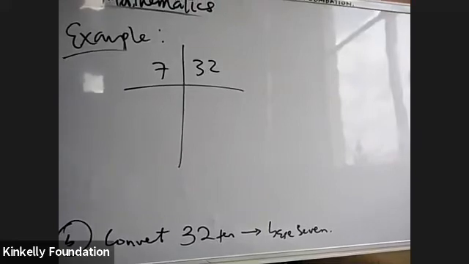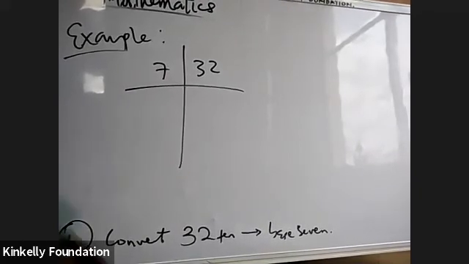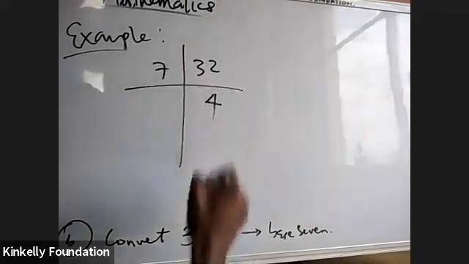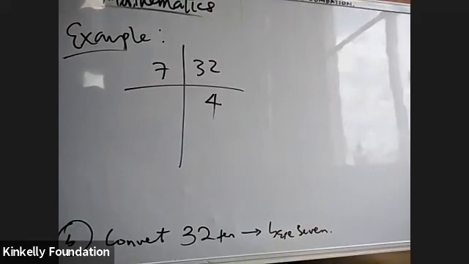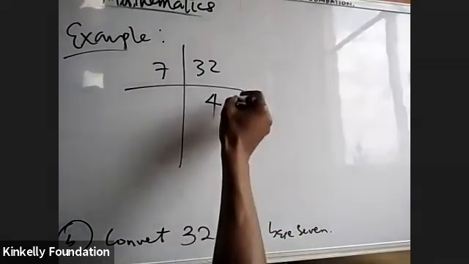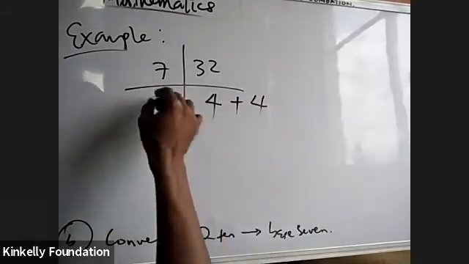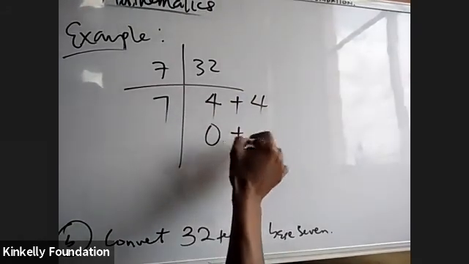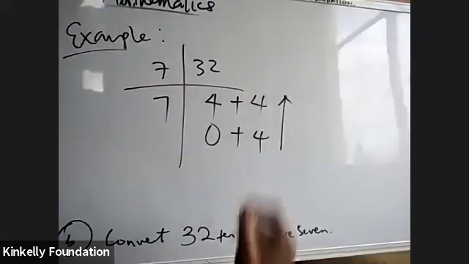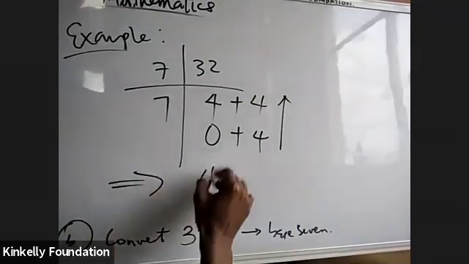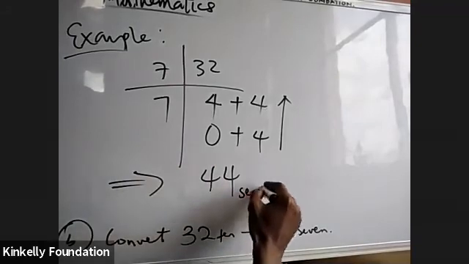In converting 32 base 10 to base 7, you are going to divide by base 7. 7 into 32 is 4, that is 28, remaining 4. 7 into 4 is 0, remaining 4. So it goes from bottom and up. So we have 4 4 base 7.